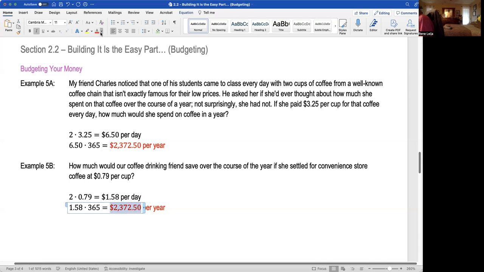Let me change this to black because this is not going to be my answer. Then she's going to spend $576.70 per year. Okay. Now, they want the comparison between the two.